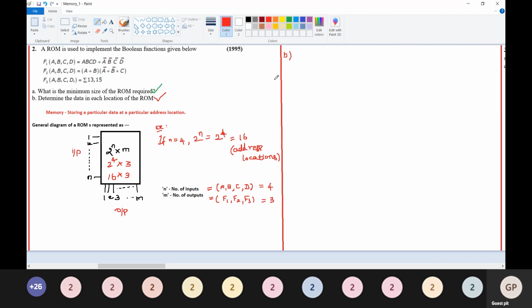Function F1 is equal to ABCD plus A'B'C'D'. So write the corresponding minterms here. You should know how to write the minterm values. If A dash is present, you put 0. If dash is not present, you put 1.